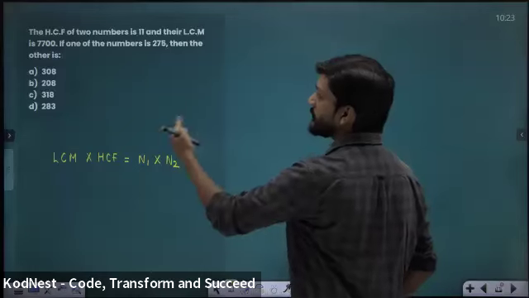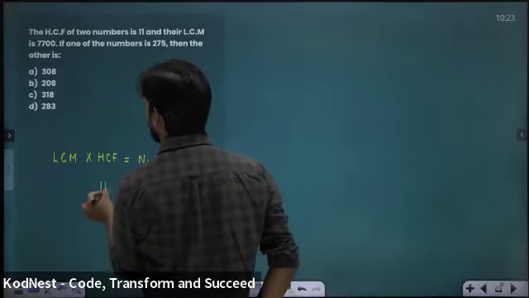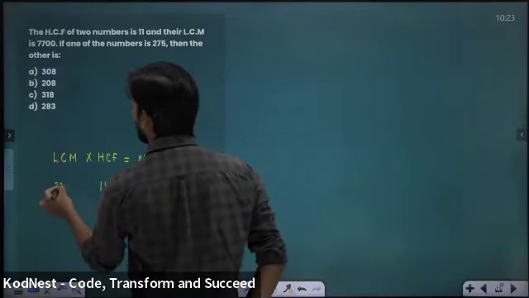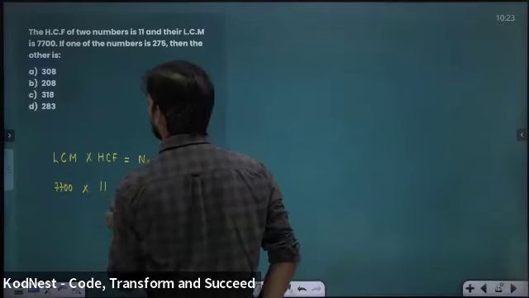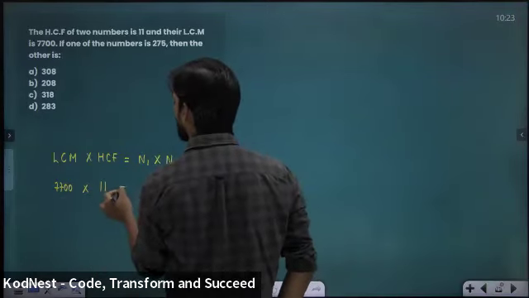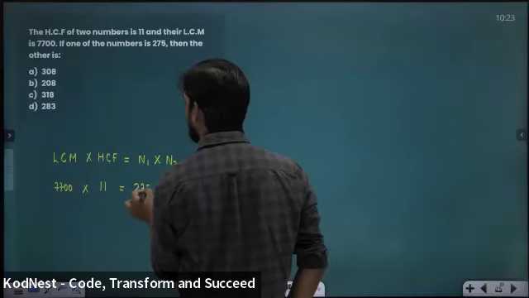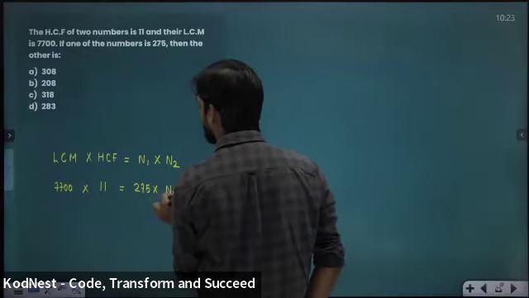So whatever three values are given, please write them. HCF is 11, LCM is 7700, and one of the numbers is 275. The second number is unknown.